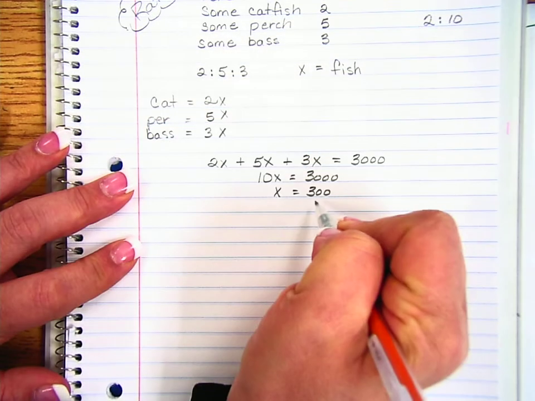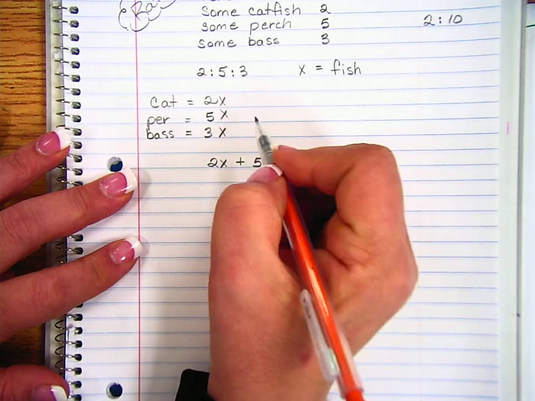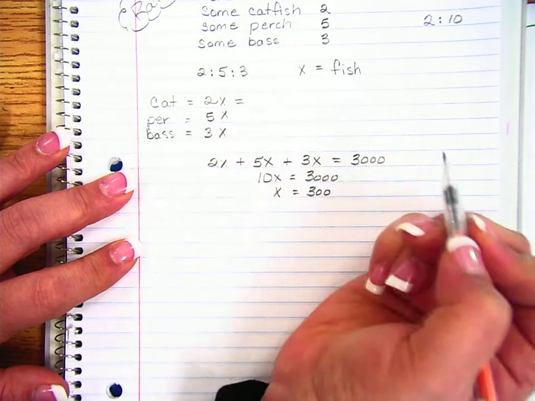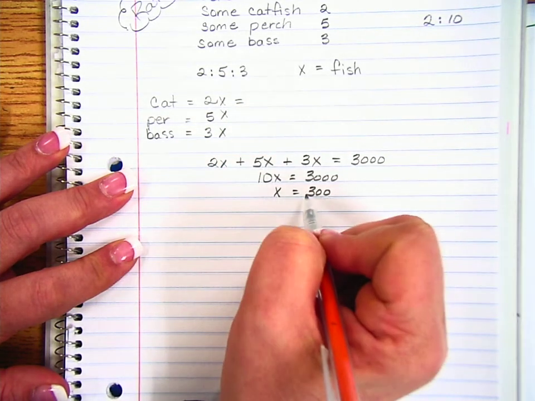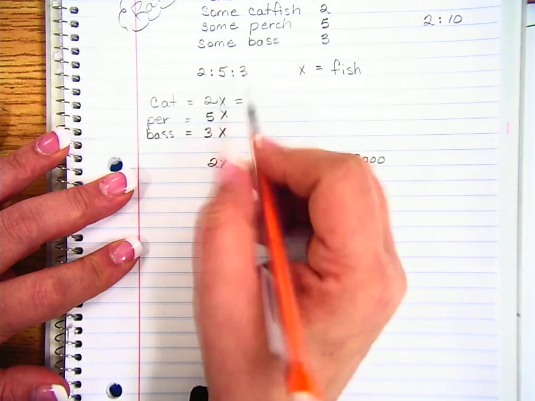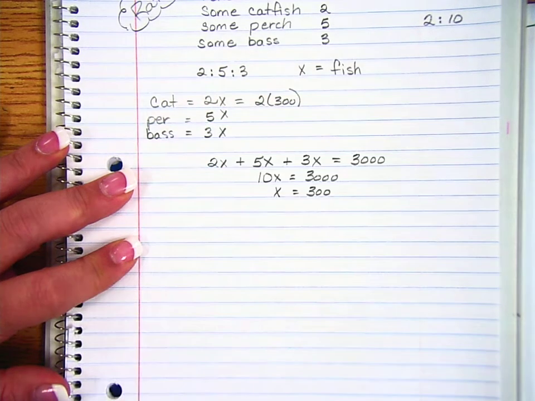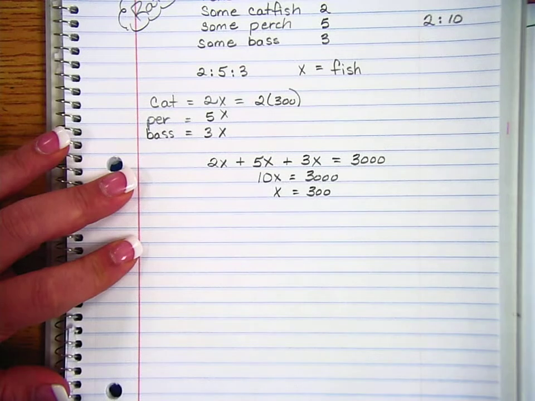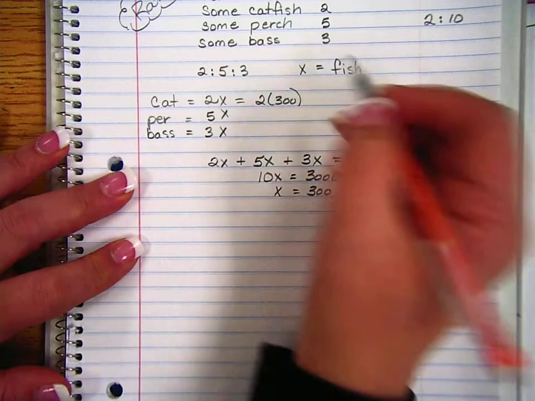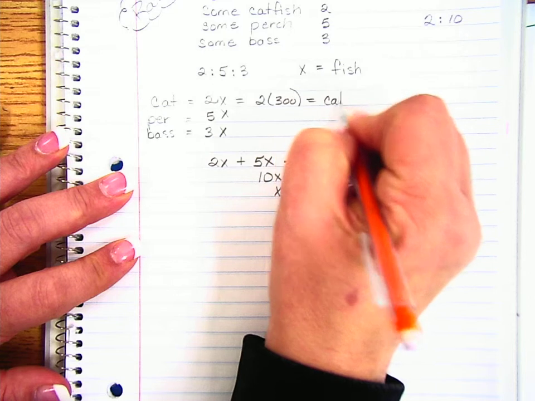So to get the number of catfish that we have, what am I going to do? Well, why don't we just multiply by 300 right now? Yes, that's the fish. So out of the total, 2x, or 2 times 300, are catfish.